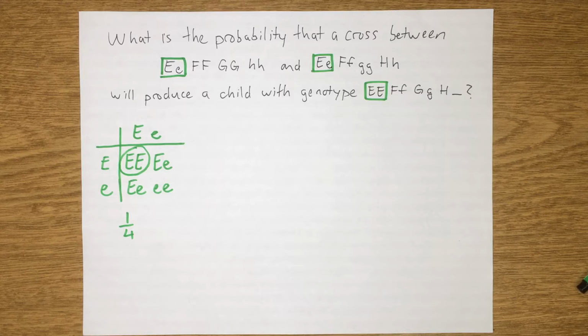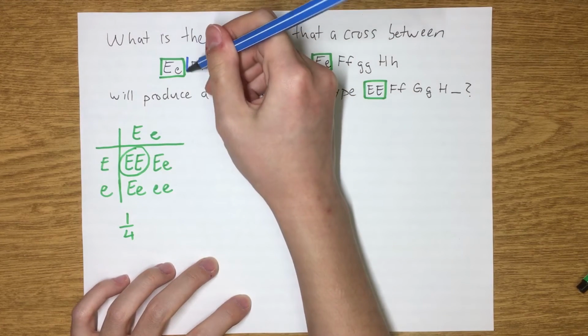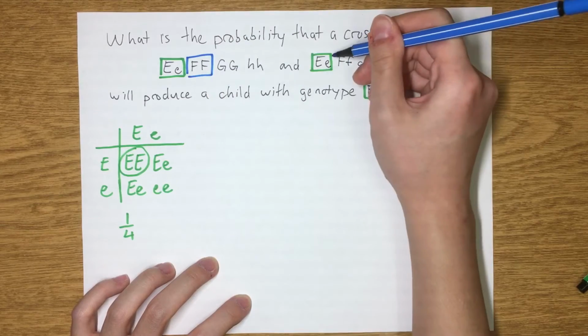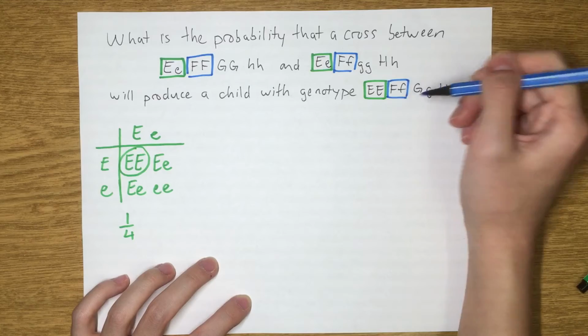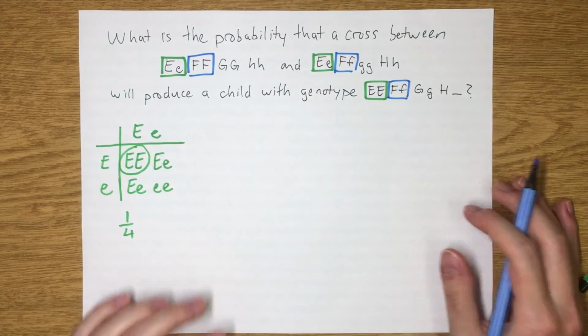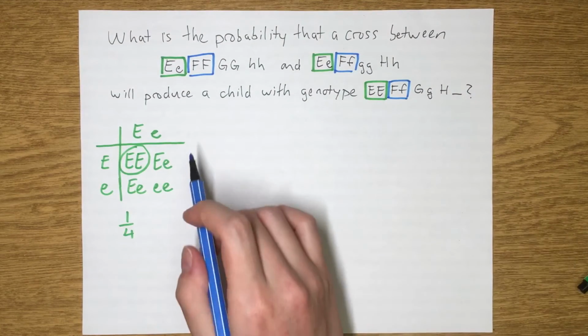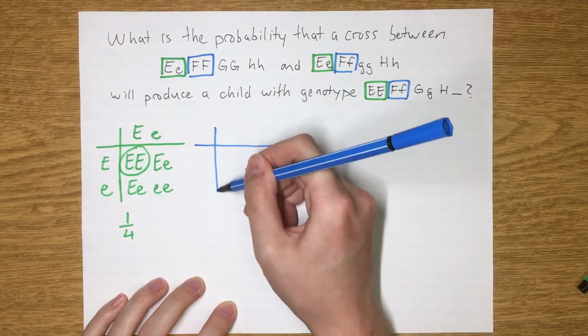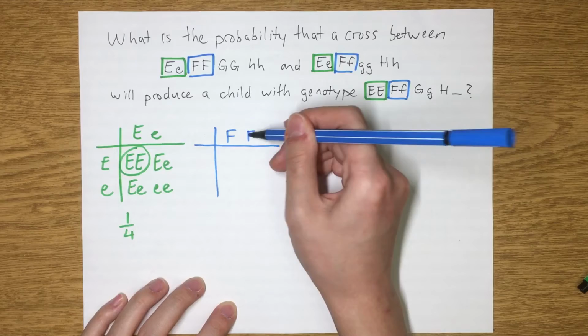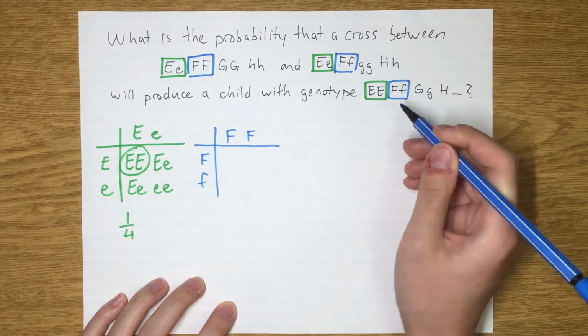We can do the same thing for the next locus and the next gene, so that would be F. When we're looking at only the F genes, we can see that it would be a homozygous dominant and a heterozygous parent, making a heterozygous child.